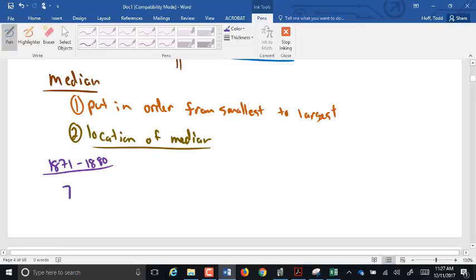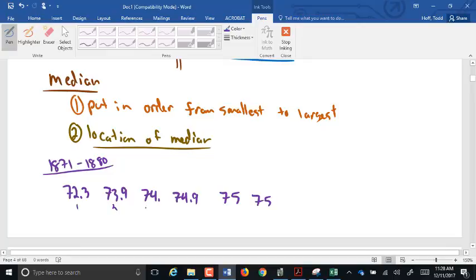It looks like the smallest is the 72.3. Next would be 73.9, then 74 flat, and then a 74.9. I'm seeing two 75s.